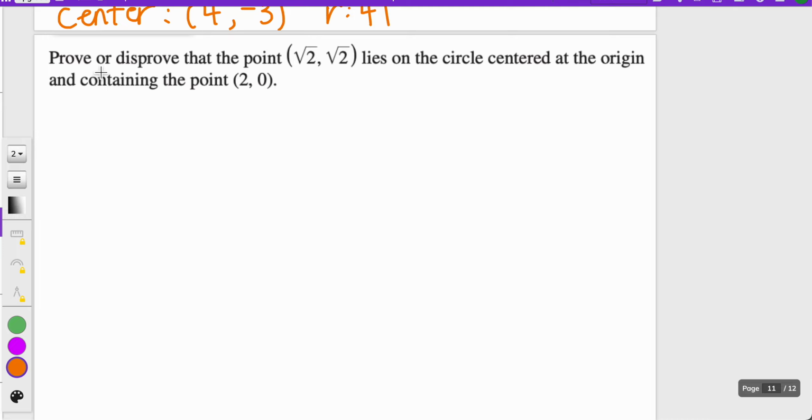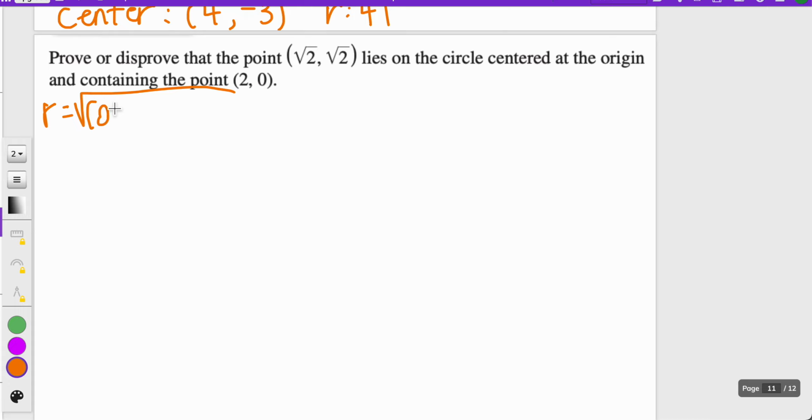Okay, so prove or disprove that this point, the square root of 2, square root 2, is in the circle centered at the origin containing the point 2, 0. So we're going to use 2, 0 first as my x and my y. So to find the radius, I'm just going to find the distance between that.